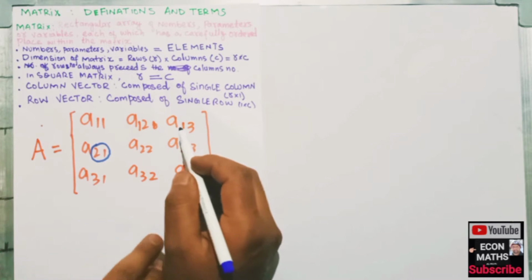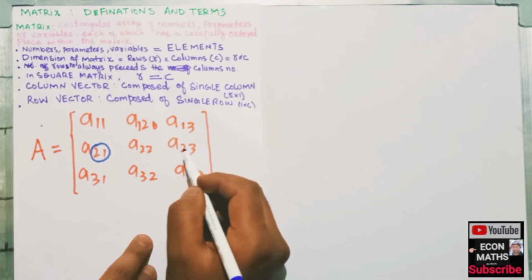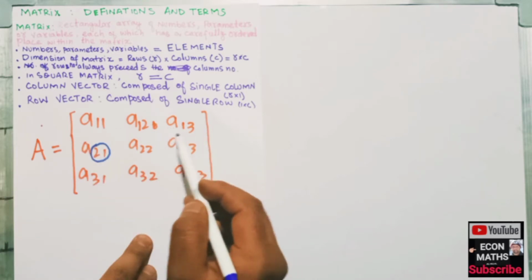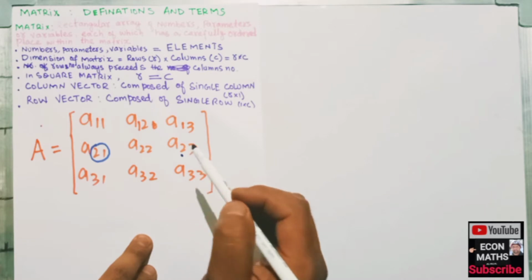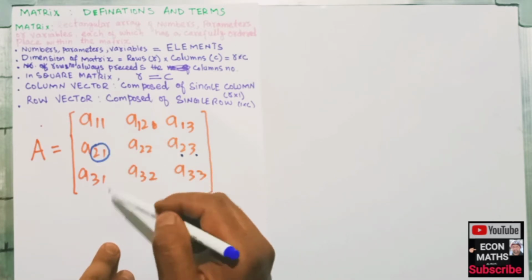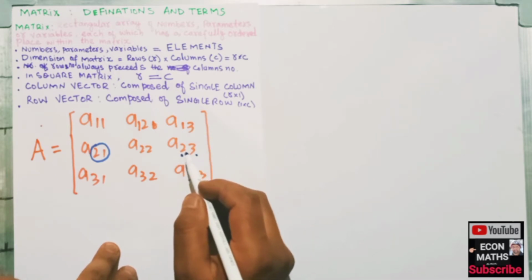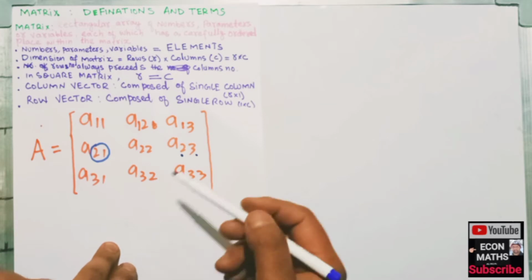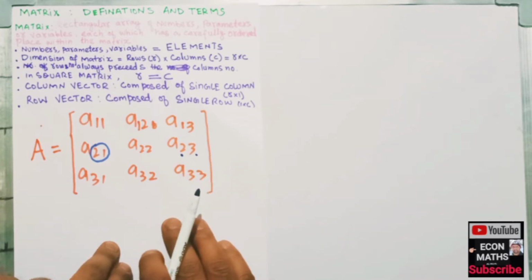Similarly, if I have here A23, this 2 identifies the row, that is first, second, we are in the second row here, and this 3 identifies the column. So here we are in column first, second and third, we are in the third column and second row. So every subscript gives us the position of the element within the matrix.